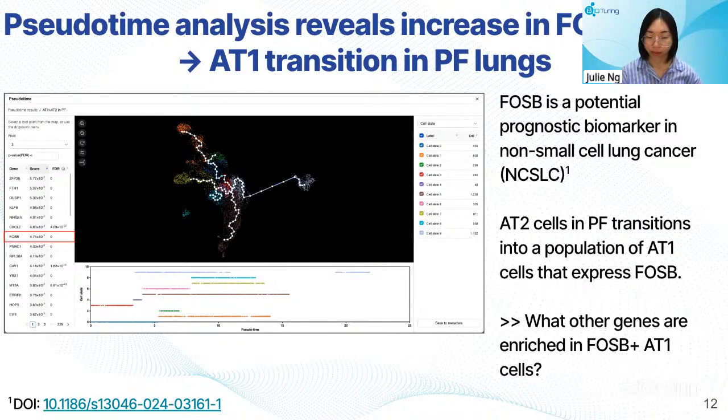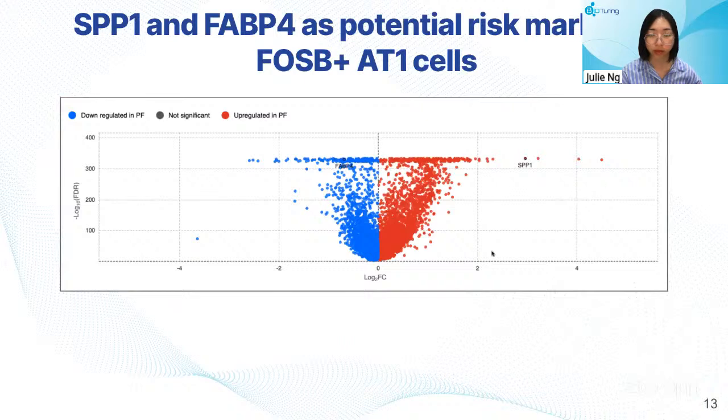And so from there, the next question we want to ask is, what other genes are enriched in our FOSB positive AT1 cell population? Here we can perform differential gene expression analysis within this population of AT1 cells, comparing our pulmonary fibrosis versus our normal. And what's interesting is that we see the same pattern of upregulation of SPP1 and downregulation of FABP4.